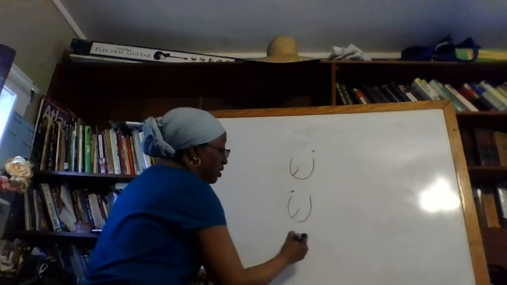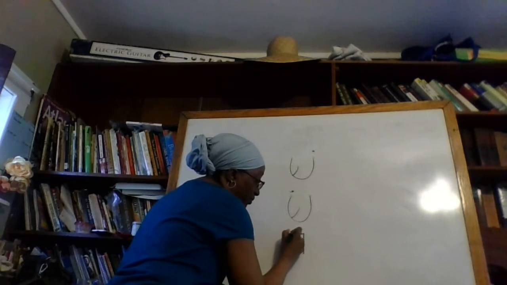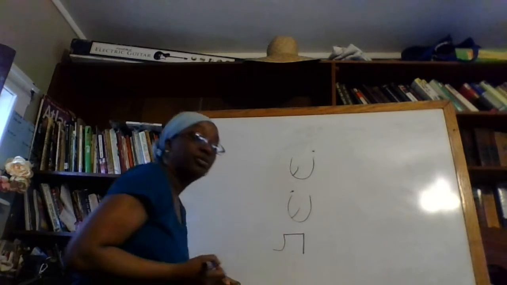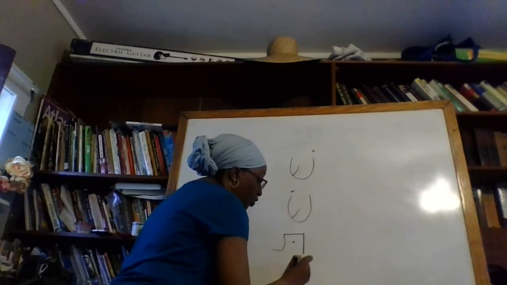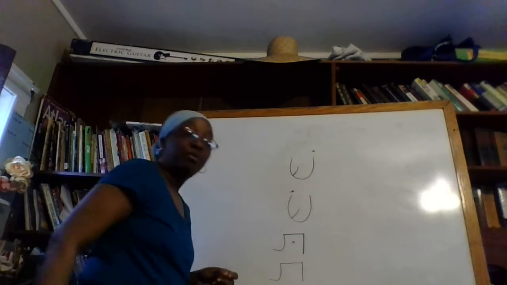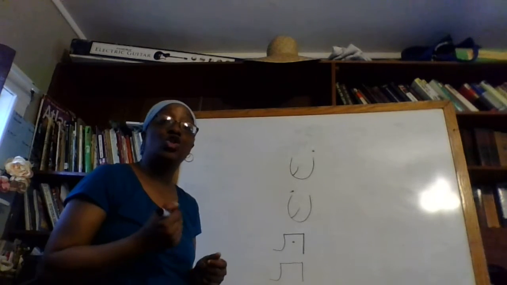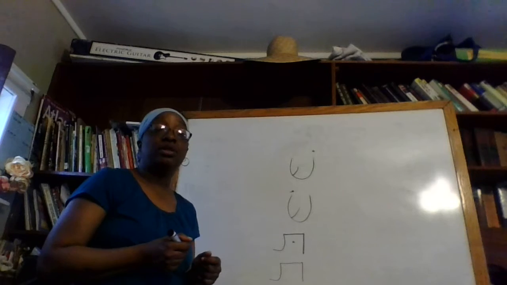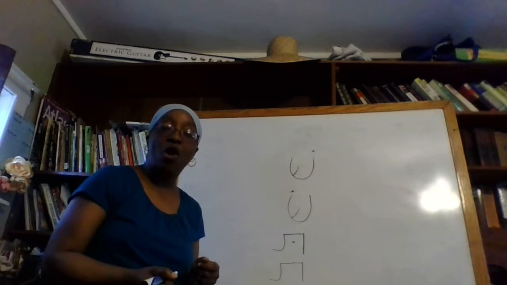Last but not least is the letter Tav. Tav with the dagesh or without the dagesh makes the t sound. T, like in toy, like in Tamar.